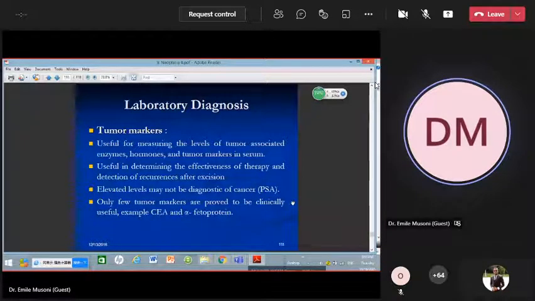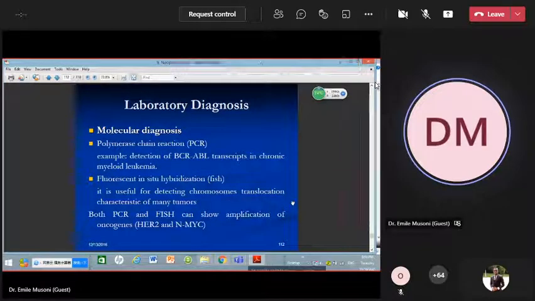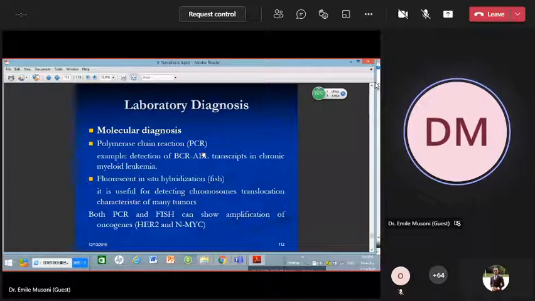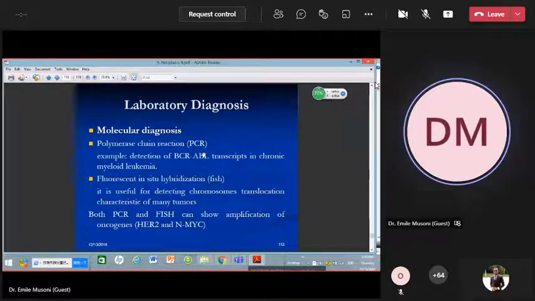So there is some molecular diagnosis, like PCR, polymerase chain reaction. Detection of BCR-ABL transcripts in chronic myeloid leukemia, for example. We have seen this one: in molecular, we do a PCR and then you see these genes for predicting the treatment.